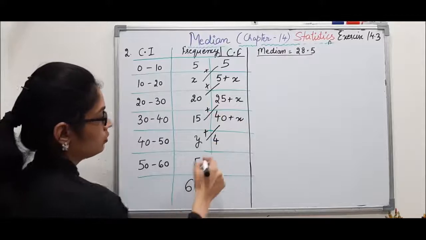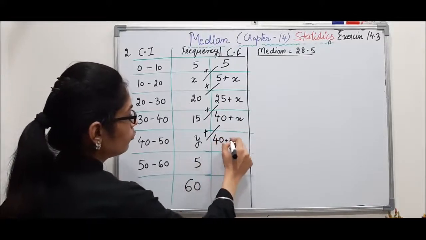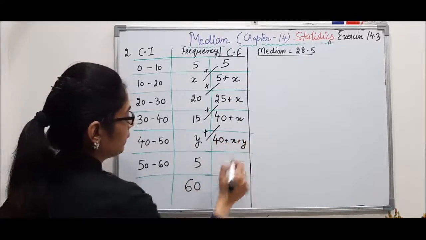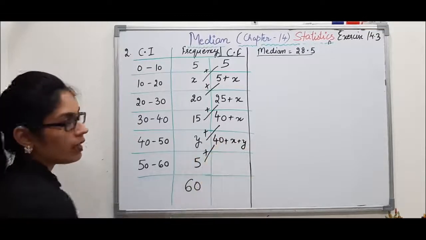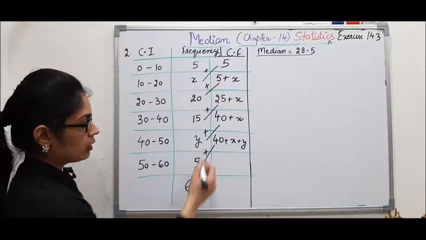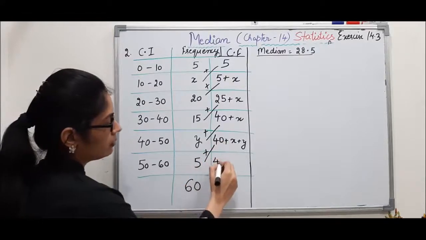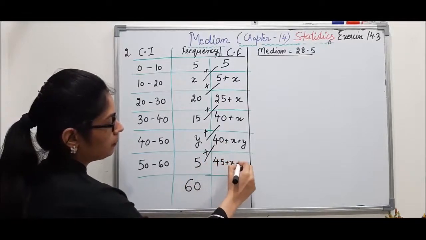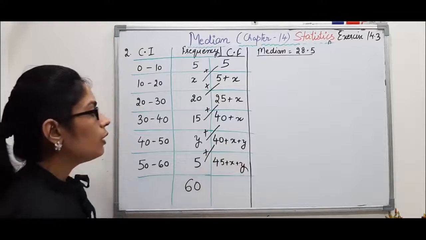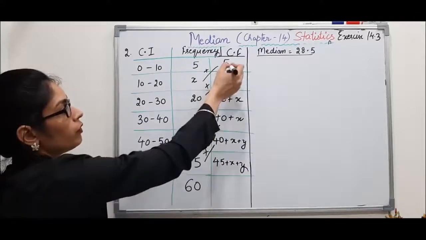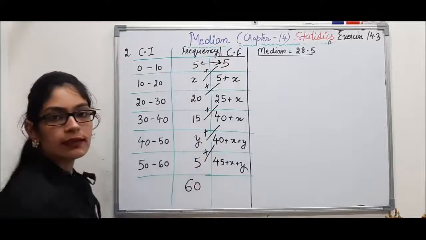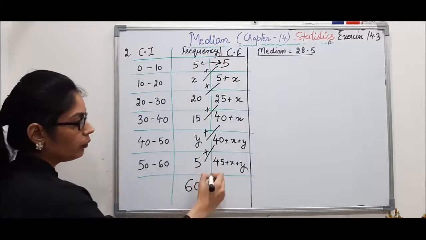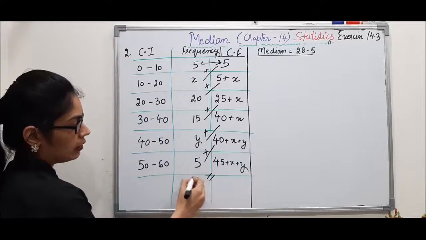Again we have to add this way. Because the number is not there, we can write 40 plus x plus y. Then again only slant addition: 40 plus 5 is 45 plus x plus y. I have already explained that the first term will be equal to the first term of the frequency, and the last term will be equal to the total of the frequency.